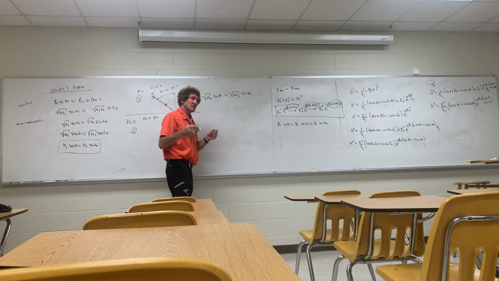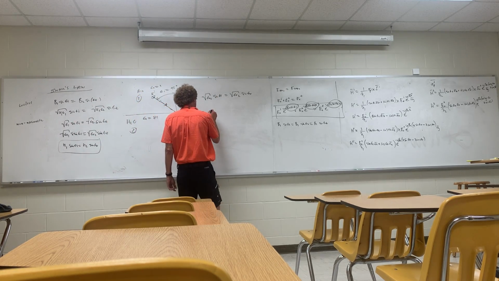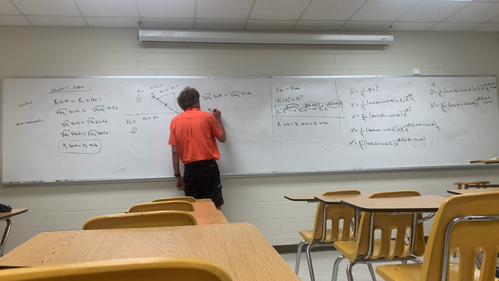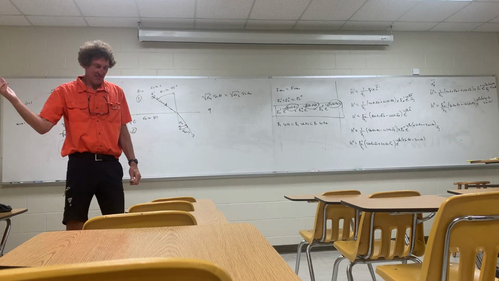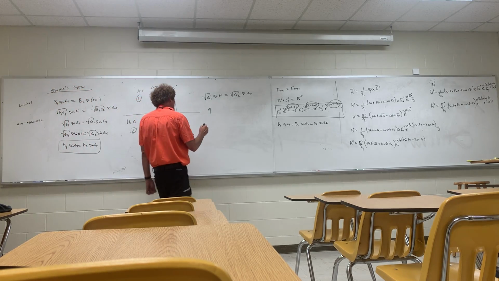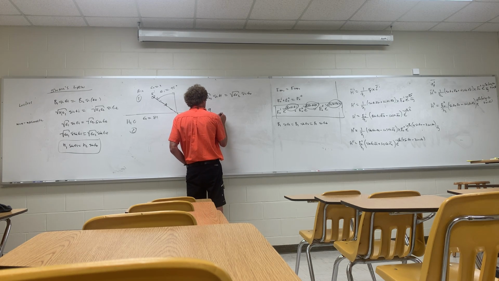So the square root of 81 is 9. Now we have times the sine of 45 degrees. What's the sine of 45 degrees? 1 over square root of 2.